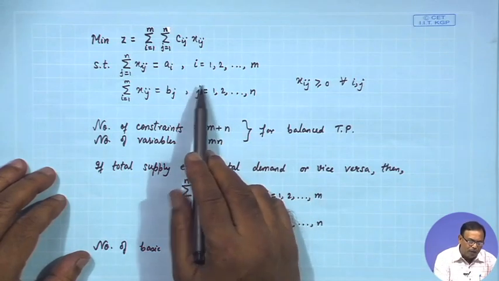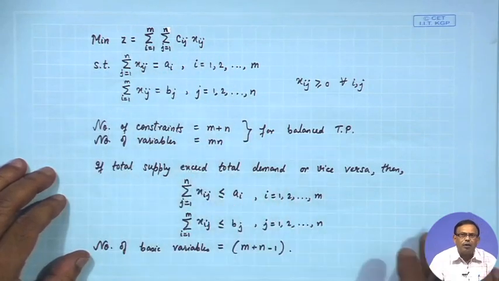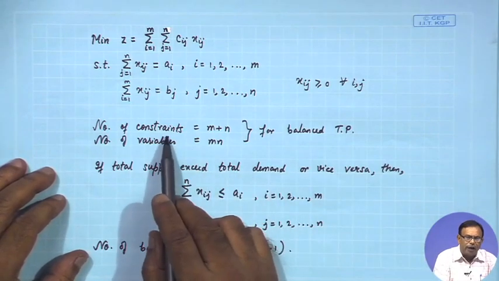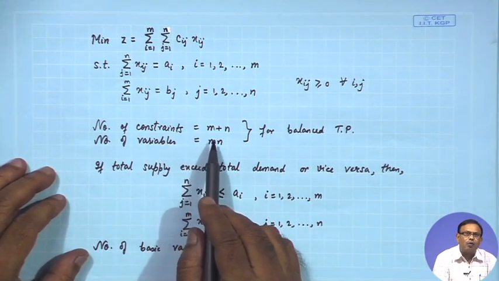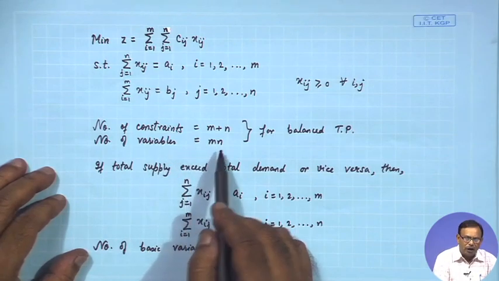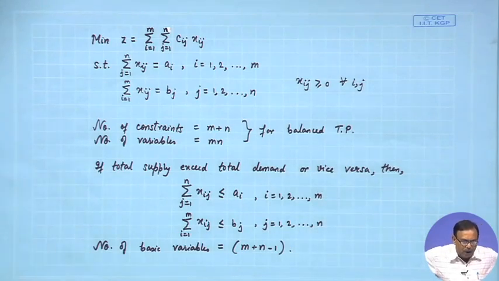Therefore, this is nothing but an LPP problem. So, thus a transportation problem can also be solved as a linear programming problem. In this case, the number of constraints equals m plus n, the number of variables will be mn, and this is true for a balanced transportation problem.